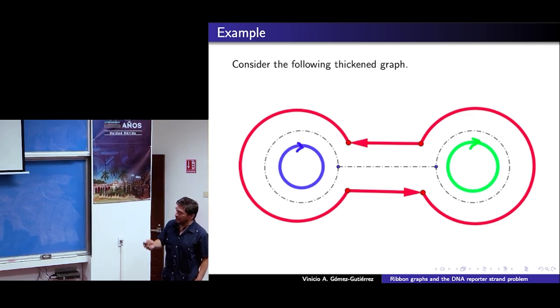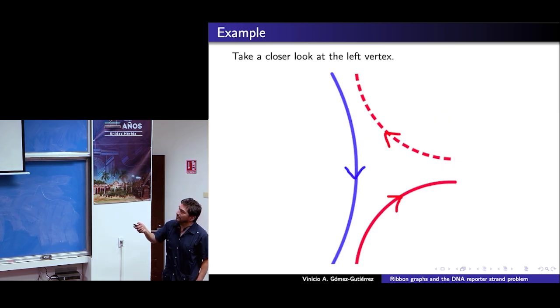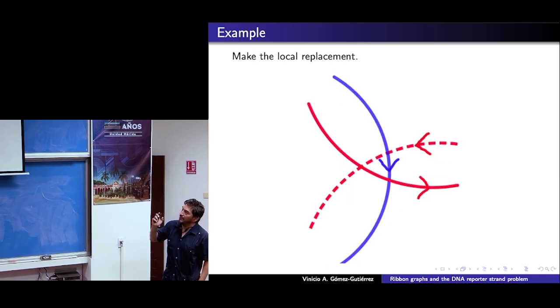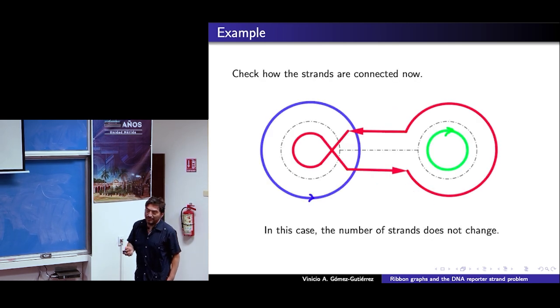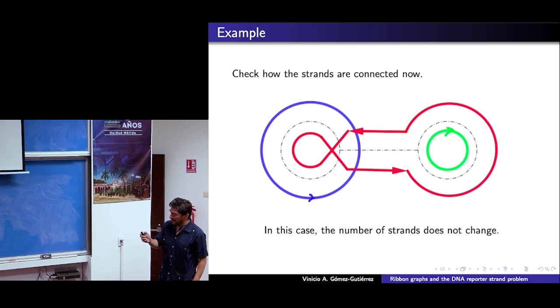We can consider this example. There are three strands. Take a closer look at the left vertex. Make the local replacement and check how the strands are connected now. In this case, the number of strands does not change.